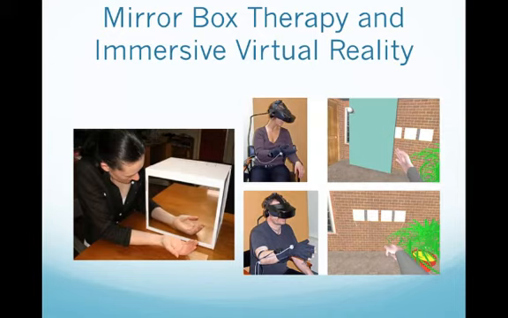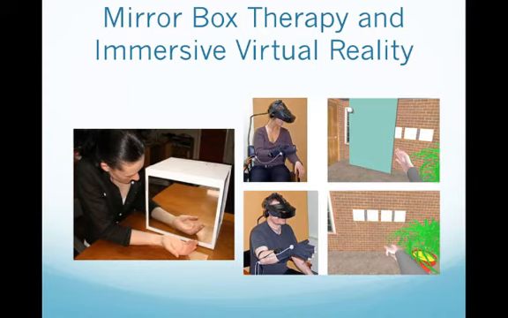Immersive virtual reality therapy was developed with the same goals as mirror box therapy, and as you can assume, it's pretty much a more advanced approach than the mirror box because it allows you to do a lot more complex tasks with your missing limb image.